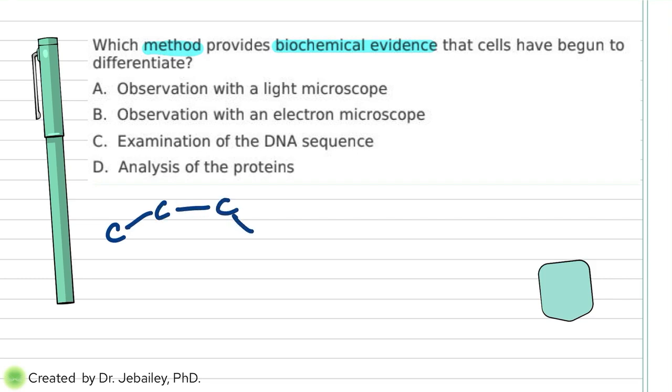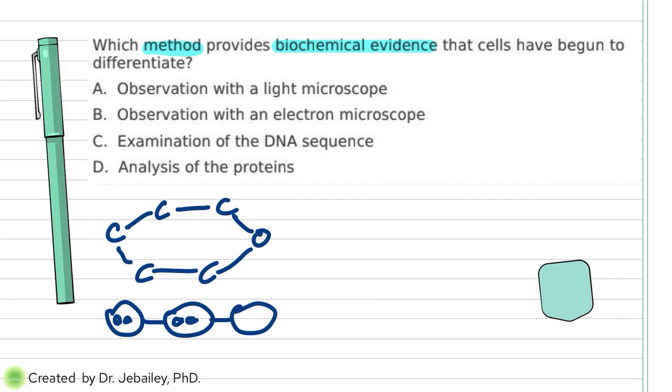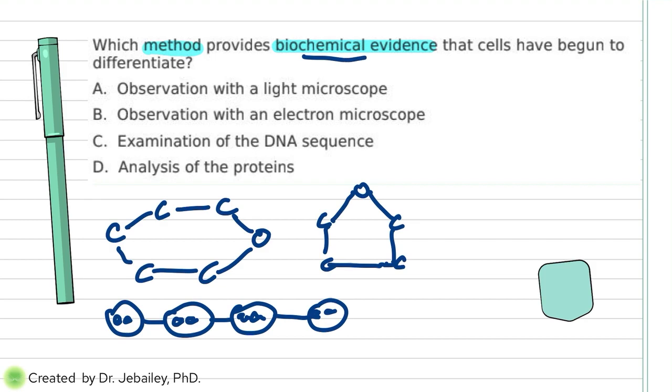This is a structure of a biochemical, or you can have an amino acid attached to amino acid attached to amino acid. This is a protein, right? Or you can have a ribose here. I'm not doing the whole drawing, but you can get the idea. It's chemistry, right? Biochemical, it's chemistry in the real life of living things. So we are looking at these guys at this level, okay?